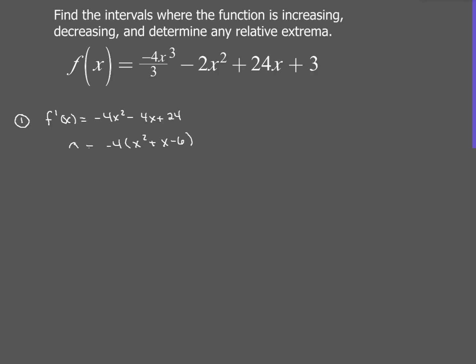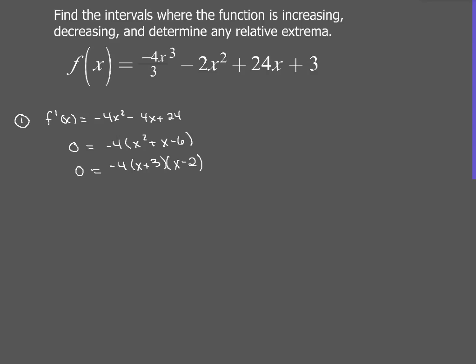What we're going to do next is set our derivative equal to 0. And, because we've got mad math skills, we're also going to factor out a negative 4. When we do that, we're going to go ahead and factor our polynomial into 0 equals negative 4 times the quantity x plus 3, and then the quantity x minus 2.